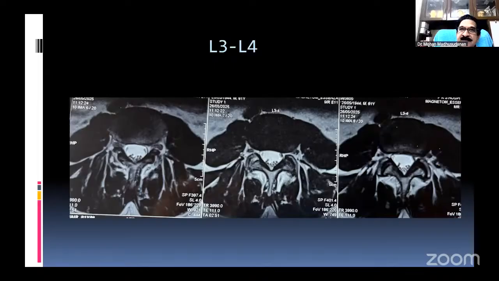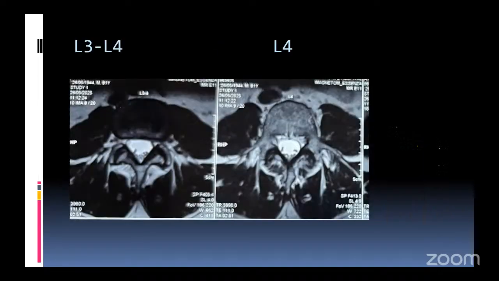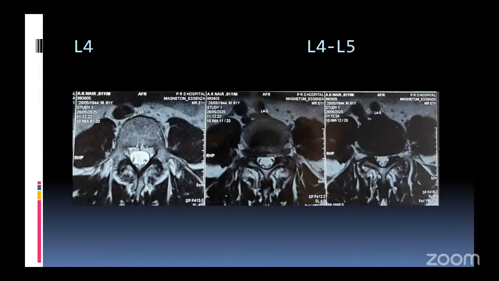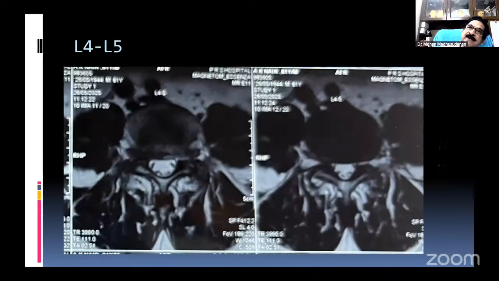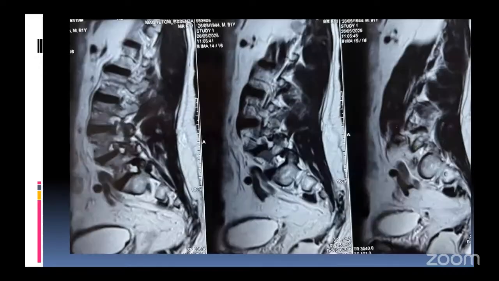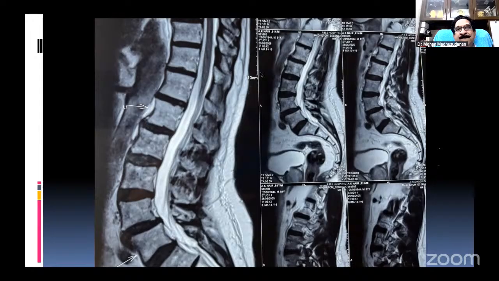Intensity, meaning in the root area, sir? Inside the thecal area. No, this is the root area, L5S1. You mean the cord area? Yeah. No, that's normal. That's a normal MRI. Okay, sir.